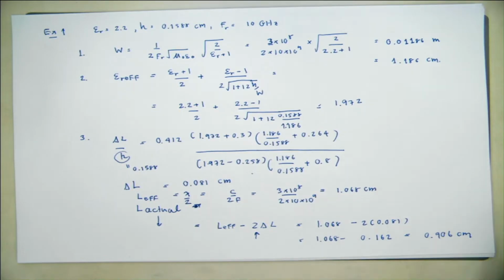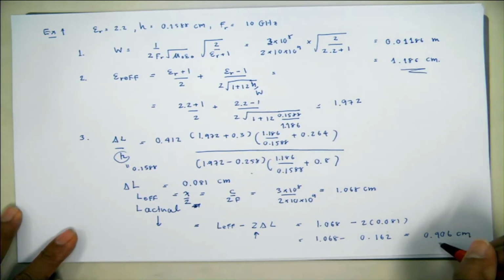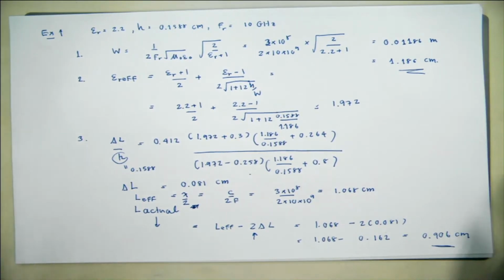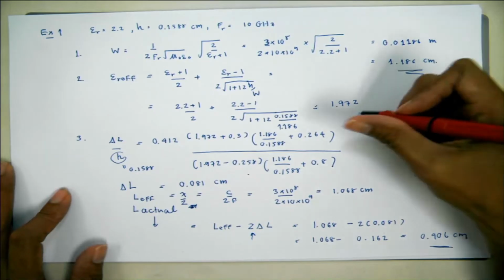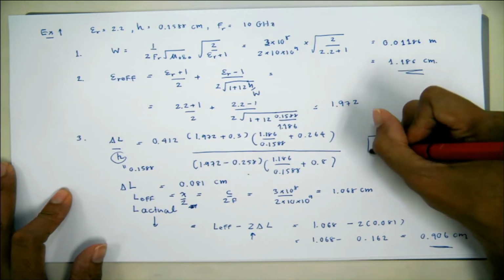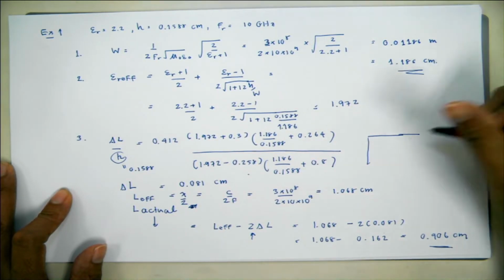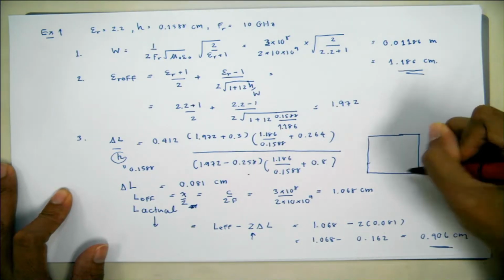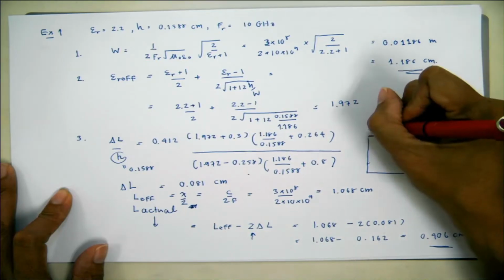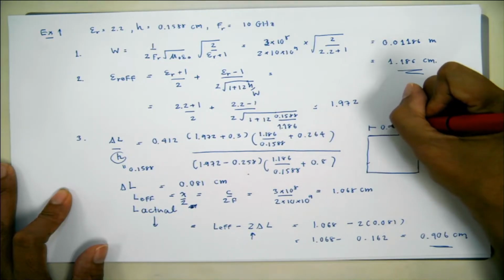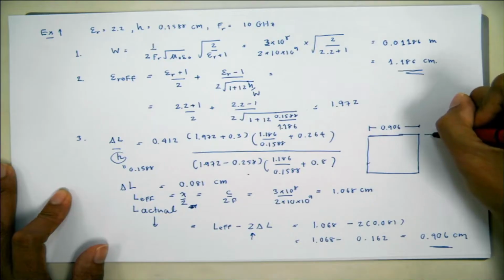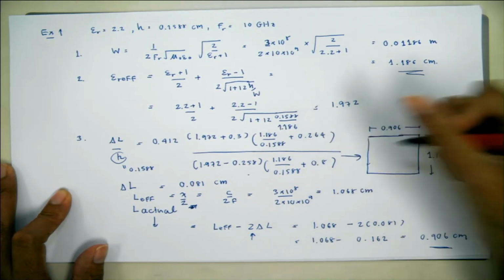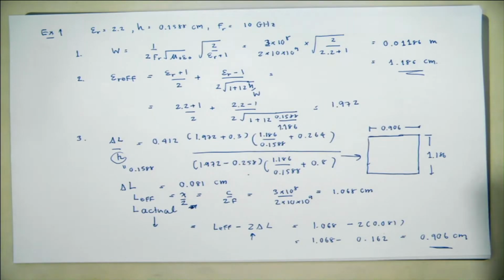Now we have W and then we have L. This is considered the end of the design. If you draw the dimensions of the patch, it would look like this. This is the length, 0.09, and this is the width, 1.186, and this is the feeding direction.